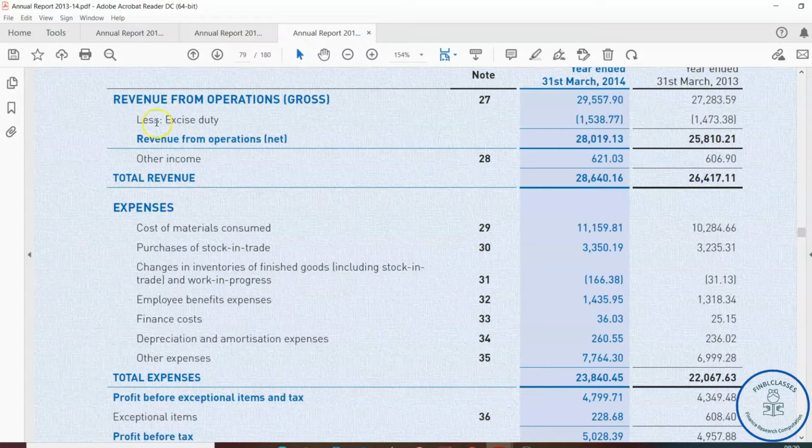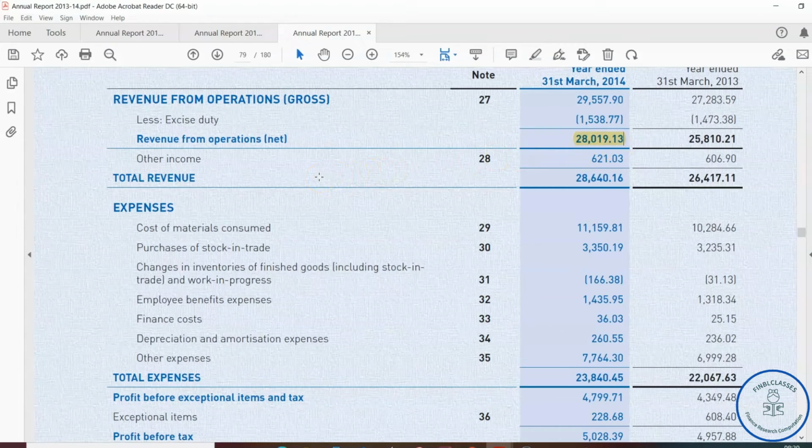The company has to pay excise duty to the government, and the revenue has to be adjusted. When you adjust for excise duty, you get the net sales of the company. Net sales for 31st March 2014 is 28,019.13.